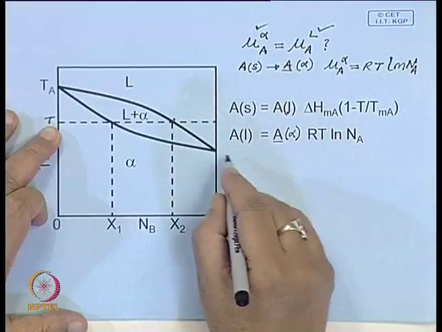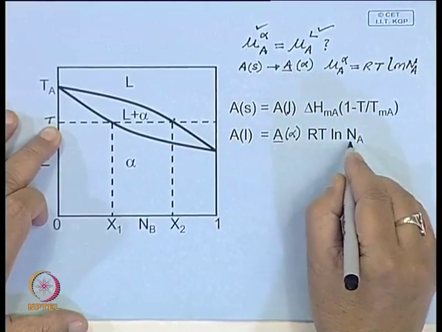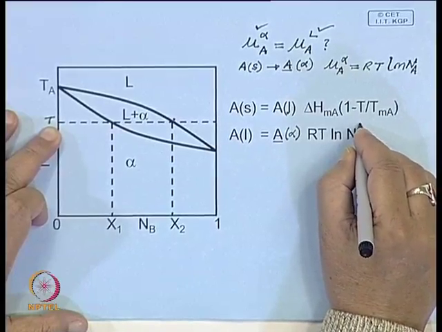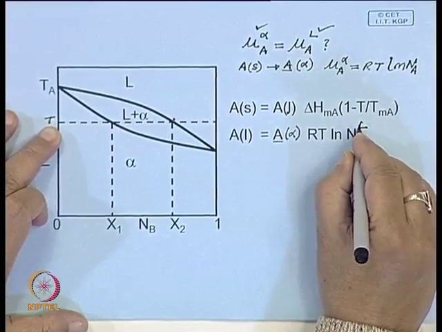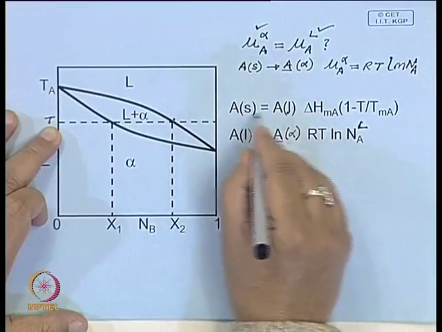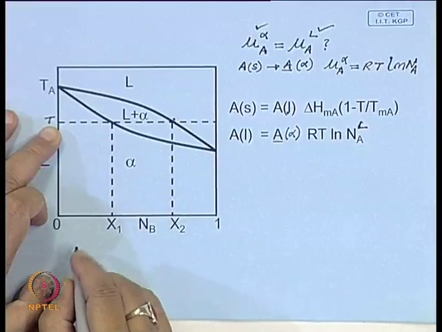So this is RT ln N A in liquid, this is easy. And then how do you calculate the free energy change over here? This free energy change can be estimated.